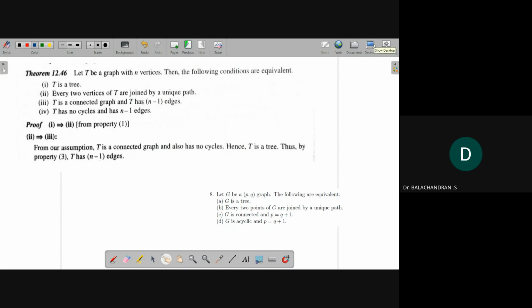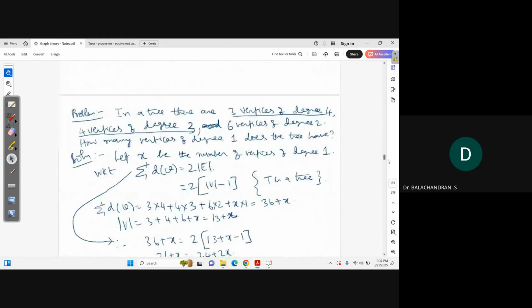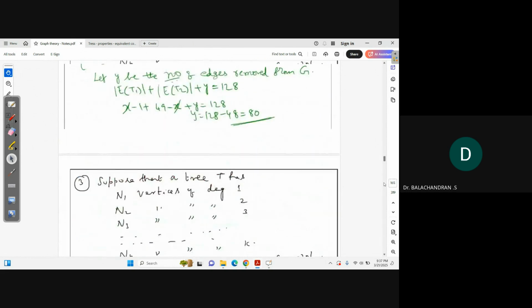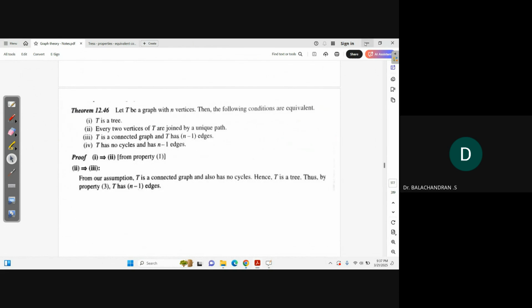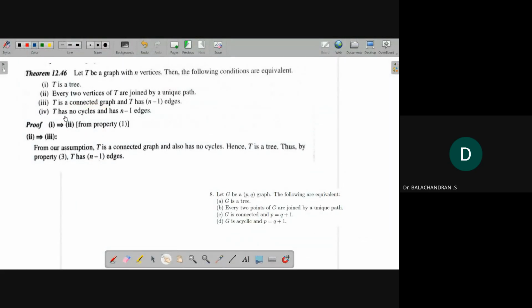So this is the last of the equivalent conditions in trees.